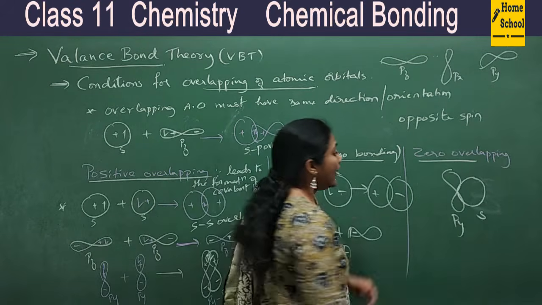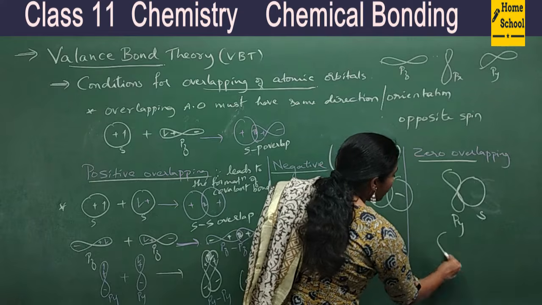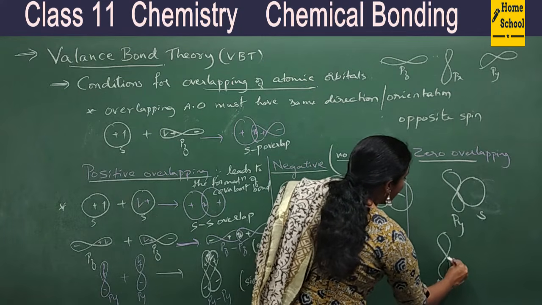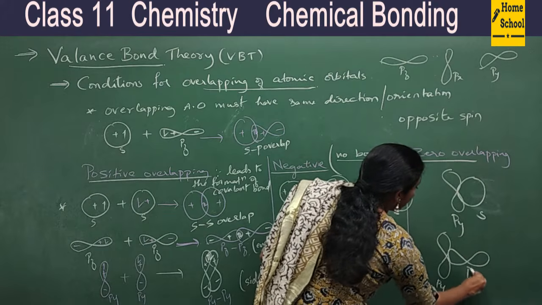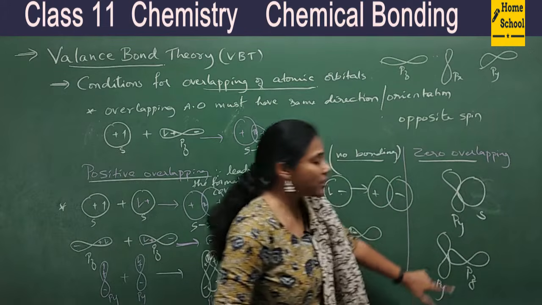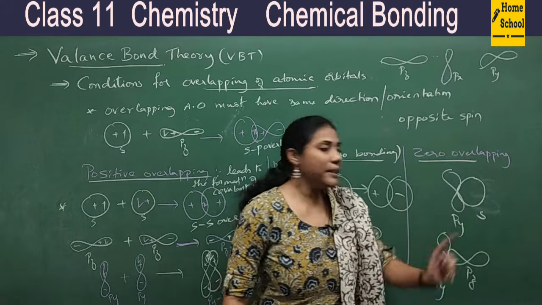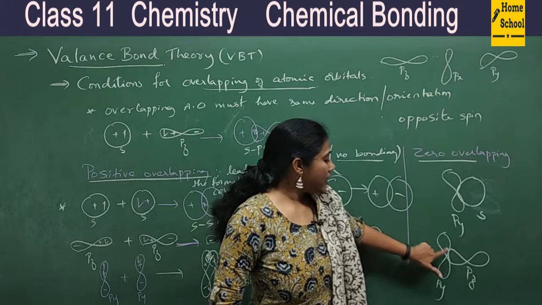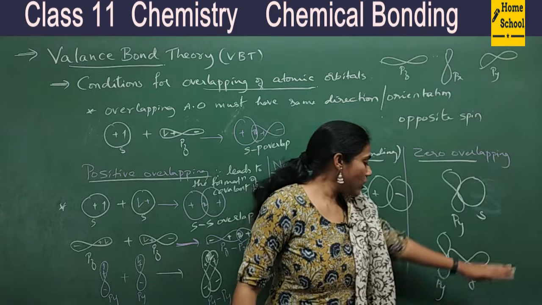Okay, fine. And you cannot expect an overlap between py and pz. See, here also the orientation is very different. Both are p orbitals, no doubt, but the py orientation is this and the pz orientation is horizontal.